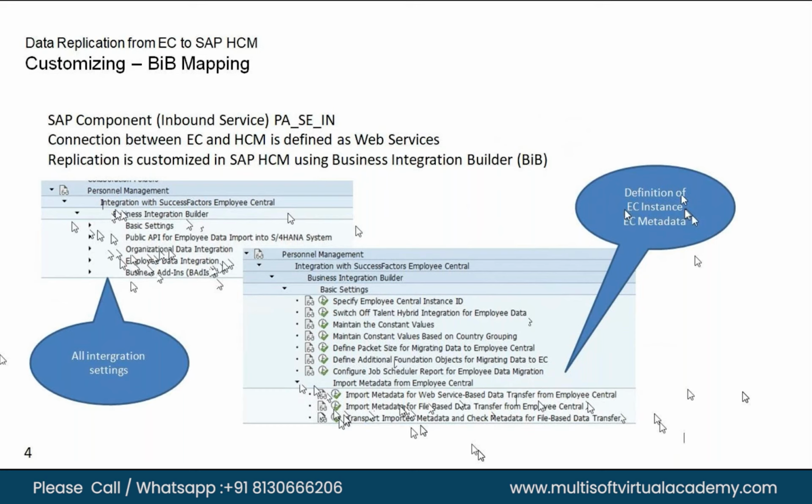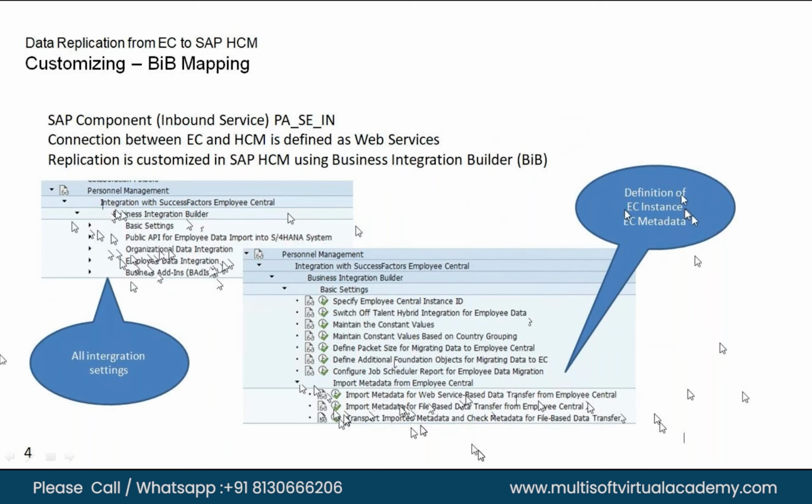Microsoft has a platform with a provision that also sends data from SuccessFactors to SAP, but that is not flexible. Many of the consultants, when I gave a training, said there are many flaws and drawbacks. It is not flexible enough like BIB.